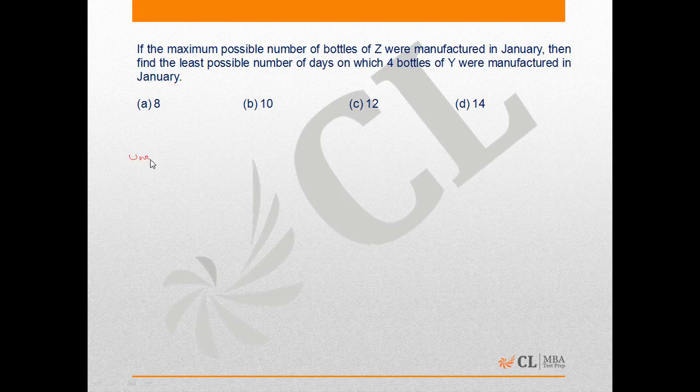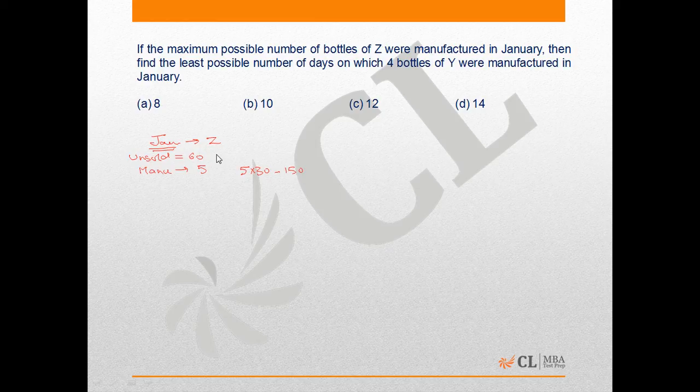The number of bottles unsold for January is 60. If I take the data for Z, the question says that we have to maximize the number of bottles manufactured in the month of January for Z. The maximum value of manufactured bottles for each day can be 5, so the maximum number of bottles which can be manufactured is 150.